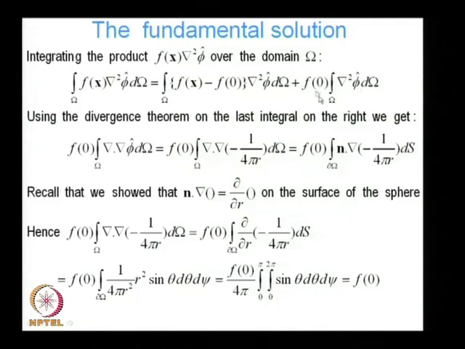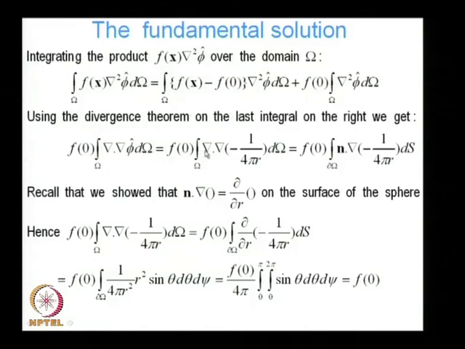Then we look at this part of the equation and use the divergence theorem. I know that the Laplacian is nothing but the divergence of the gradient. So, this is f of 0 times the integral over omega of divergence of gradient of phi hat.